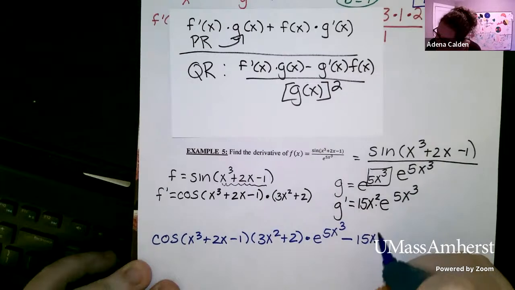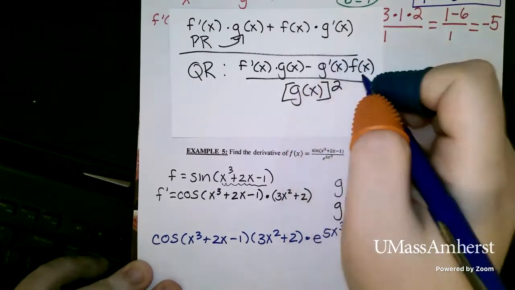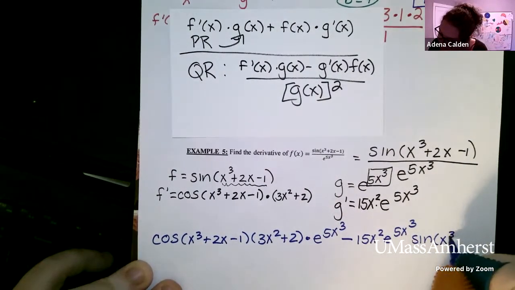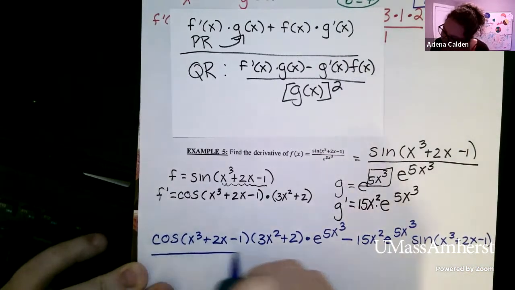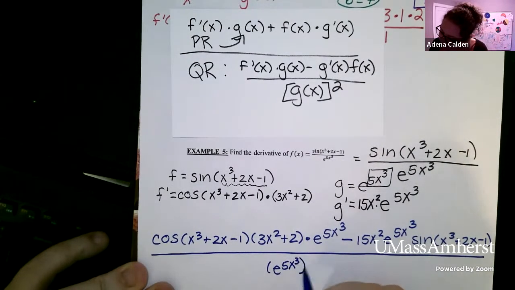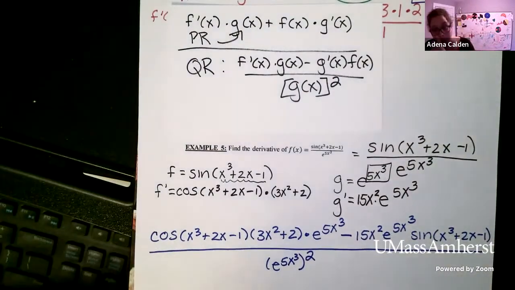So 15x squared e to the 5x cubed times f, which is sine of (x cubed plus 2x minus 1), all divided by g squared. So (e to the 5x cubed) squared.